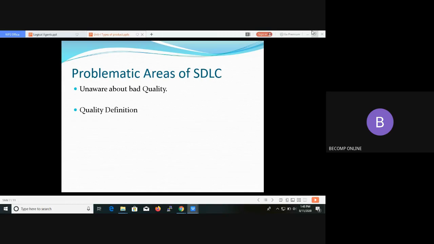Any problem in such areas will get discovered only when a particular situation occurs. We are unaware of such areas because we are not concentrating on these points. So this is being unaware about the bad quality.